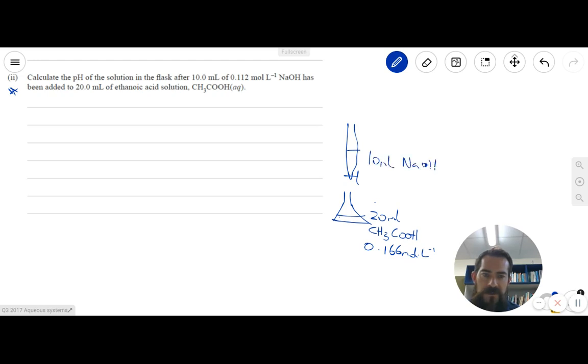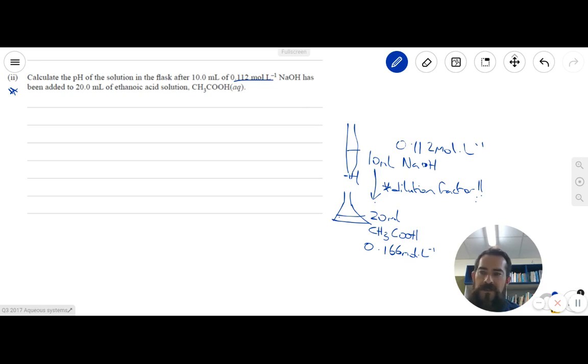And so if you see two solutions being added together, the alarm bell must go off in your head that a dilution factor is taking place here. So there's a dilution factor to consider. Okay. And the concentration of the sodium hydroxide there is 0.112 moles per liter. So you can see that in the question right there.